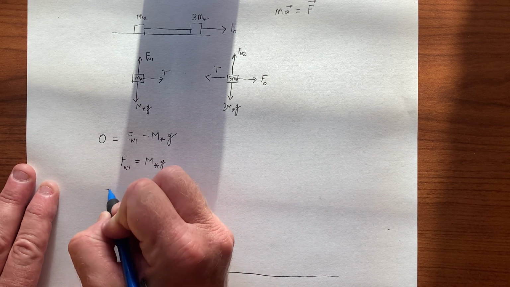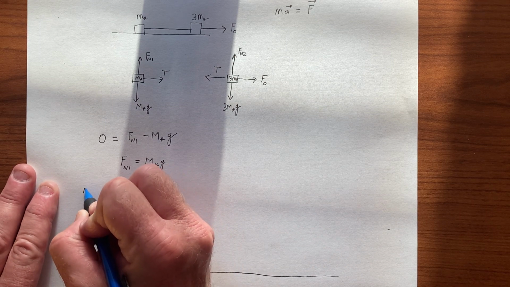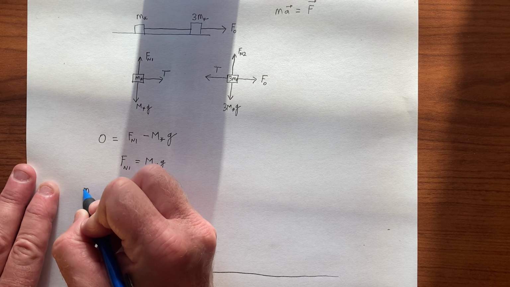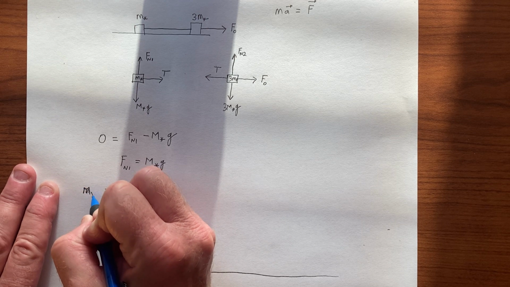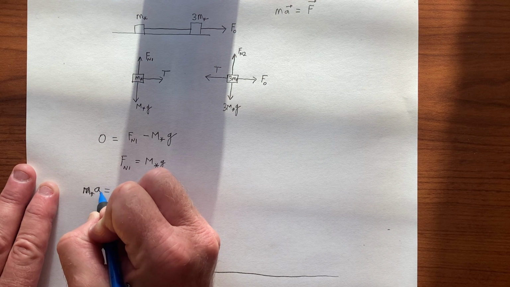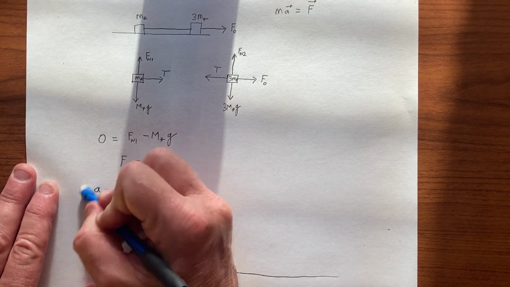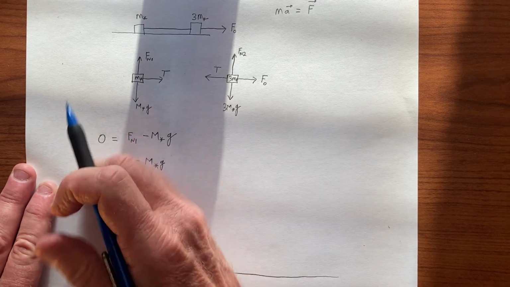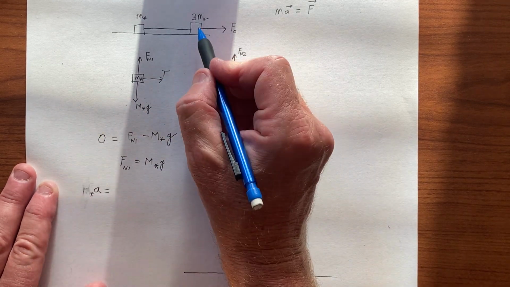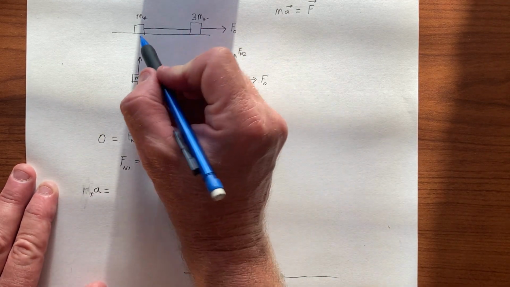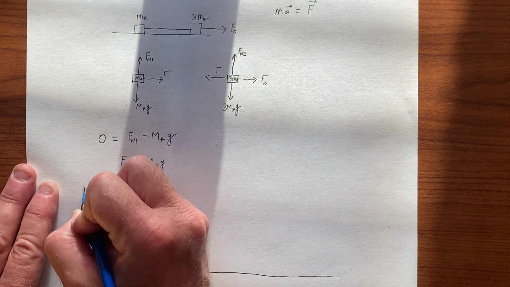And the other equation tells us that m star a, so it's important to notice that there's only one acceleration here because there's a string connecting the two objects. So whatever the acceleration is on one, which has to be to the right, must also be the acceleration of this object.